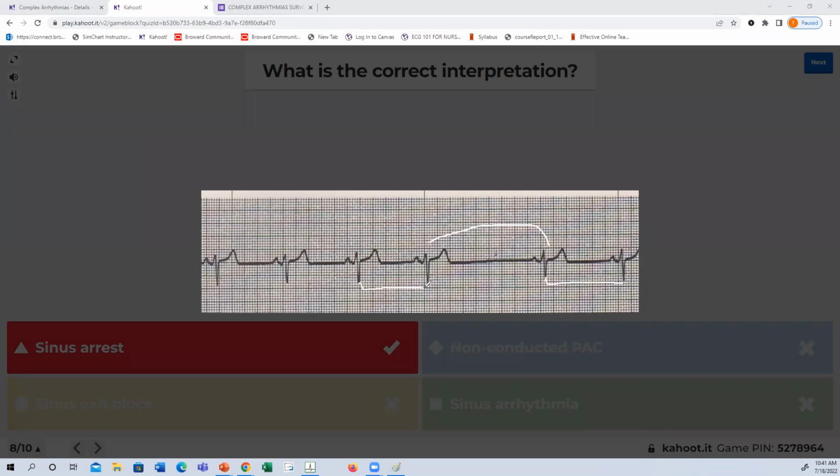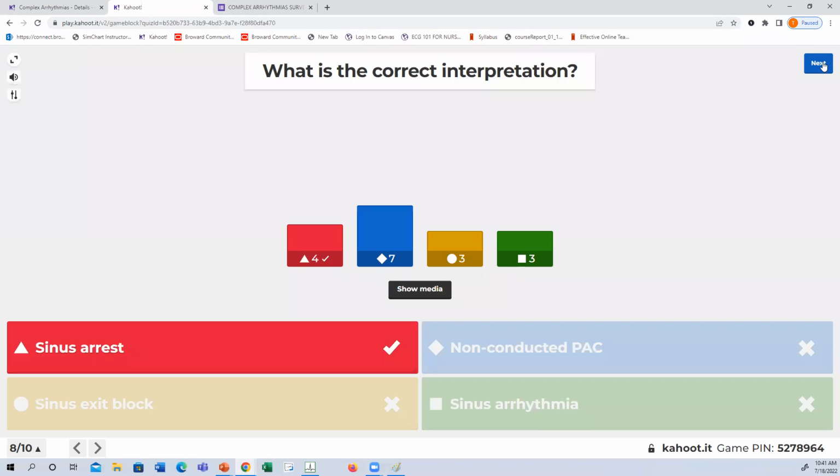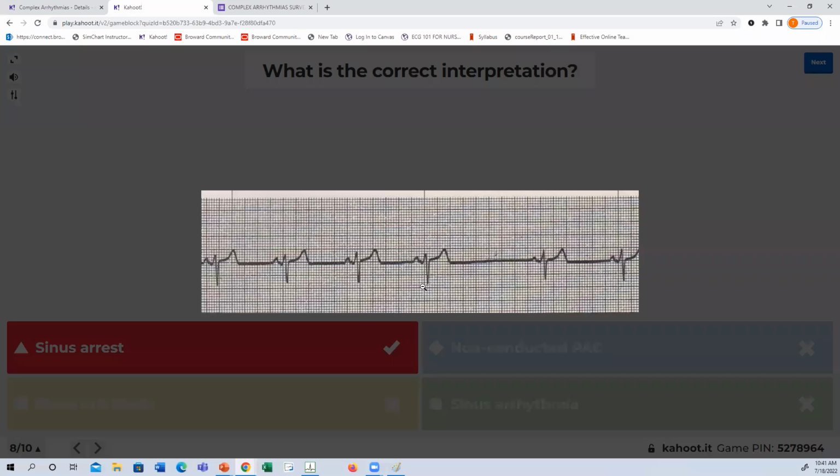This was the rate before the pause, and that's the rate after the pause. And therefore, this is what is known as a sinus arrest. And a lot of you said that this was a non-conducted PAC. So again, in a non-conducted PAC, you would have a P wave without a QRS complex. But there's no premature P wave that doesn't have a QRS complex. And therefore, this is a sinus arrest.